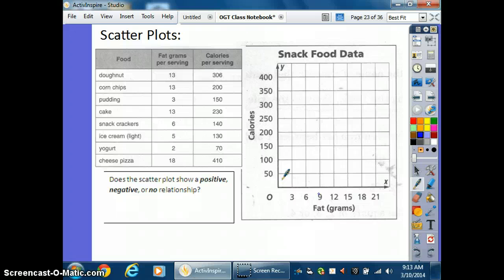So a donut has 13 fat grams, excuse me, and 306 calories. Corn chips have 13 fat grams and 200 calories. Pudding has 3 fat grams, 150. Cake, 13 and 230. Snack crackers, 6 and 140.